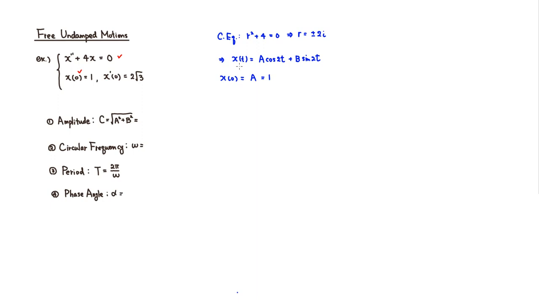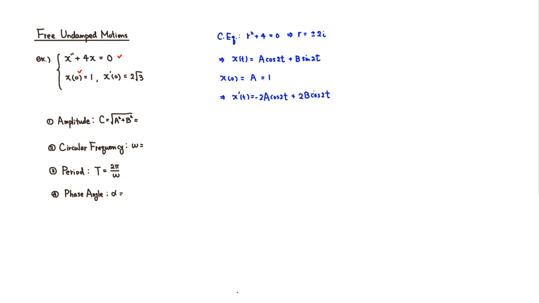First we have to take the derivative. So x prime of t is equal to, a is just a constant multiple, then the derivative of the cosine of 2t is negative 2 sine of 2t using the chain rule, and plus b is a constant, and the derivative of sine of 2t is 2 times cosine of 2t.